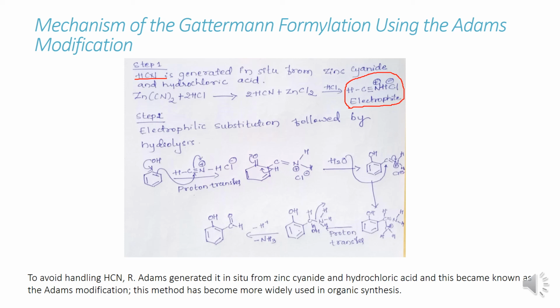Because of this complexation, electrophiles are generated, and this electrophile in the later step substitutes on the ortho or para position of phenol. Remember, because electrophiles are directed towards ortho or para positions. In this mechanism, I have compiled an ortho substituted aldehyde group.